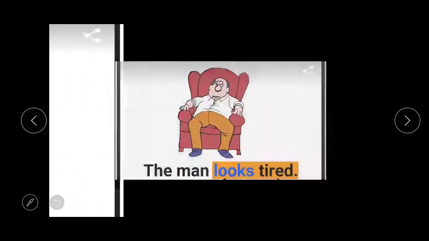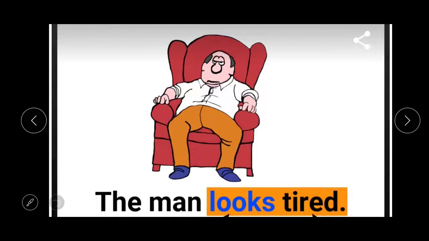But student, here the same thing is there, but I have changed something. You can see that the man looks tired. Now student, I hope that you can see that this sentence is complete because I have added this word tired here.